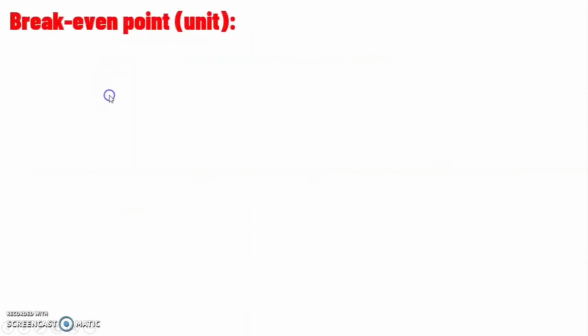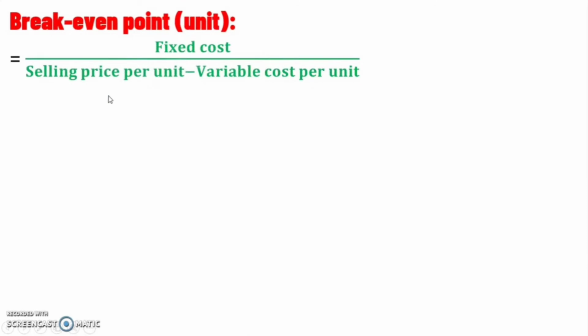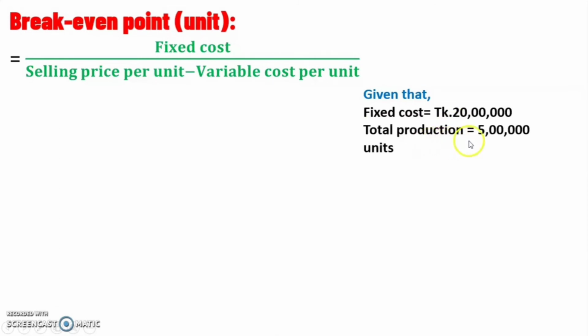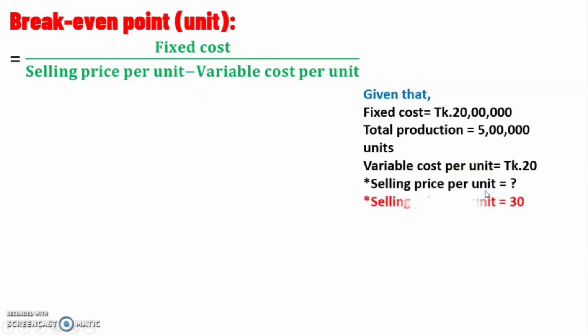So break-even point equals fixed cost divided by selling price per unit minus variable cost per unit. The given values are: fixed cost 20 lakhs, production 5 lakh units, variable cost per unit 20, and selling price 30.